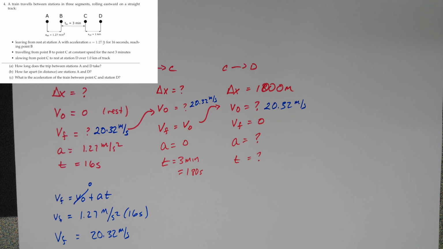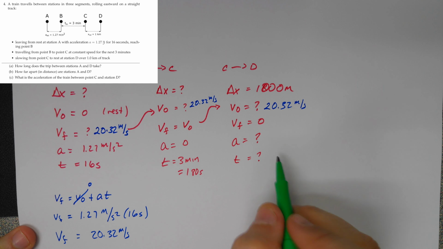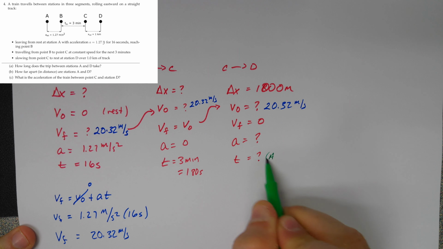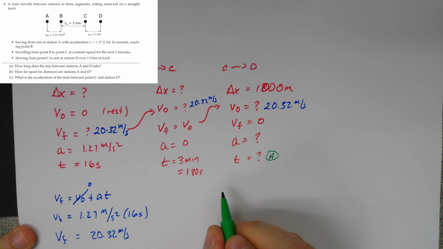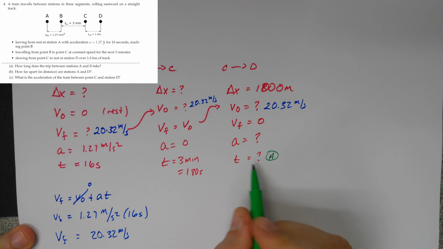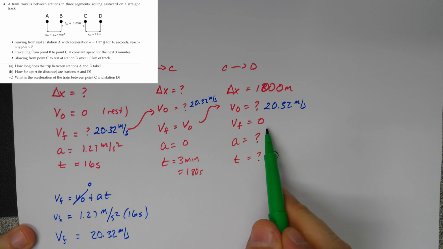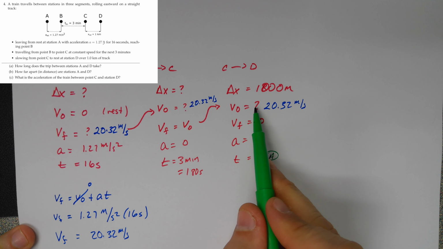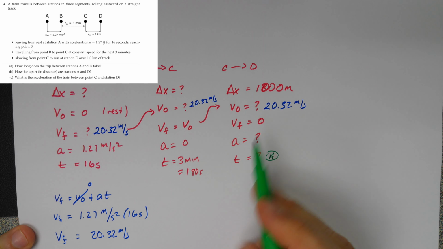Part A in the questions. How long does the trip take? Well, we need the total time. We need this one. So we're looking for this time. We have an initial and a final velocity and a distance.